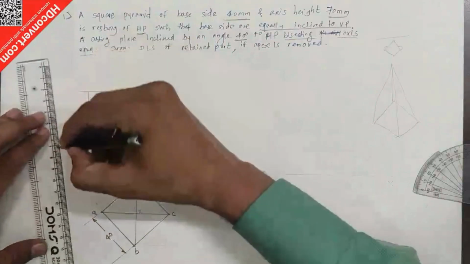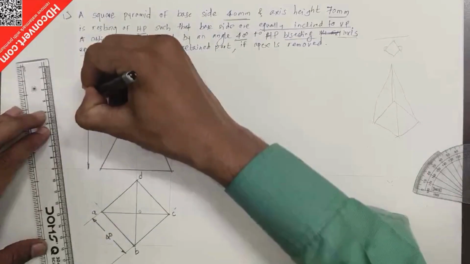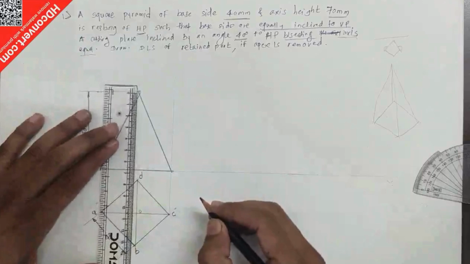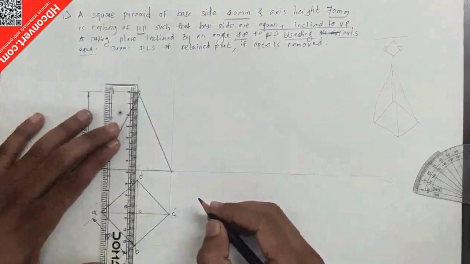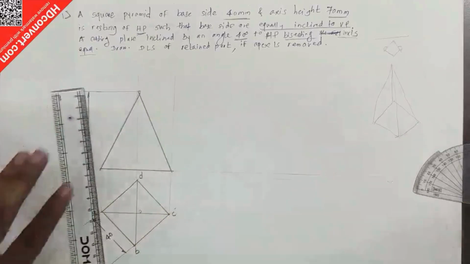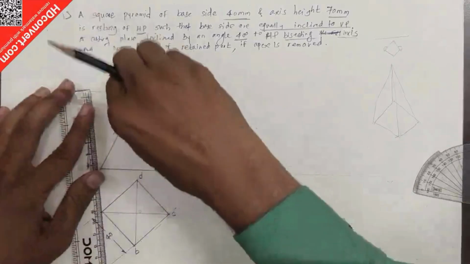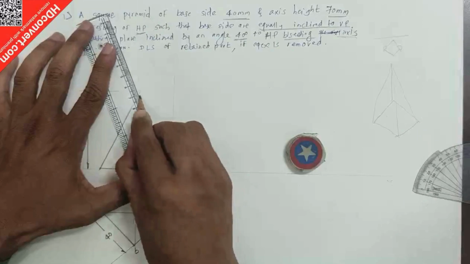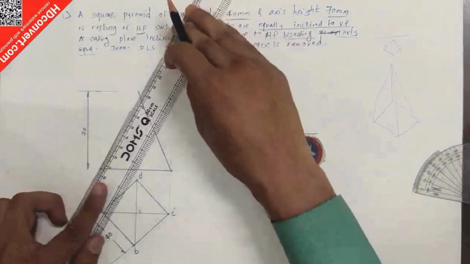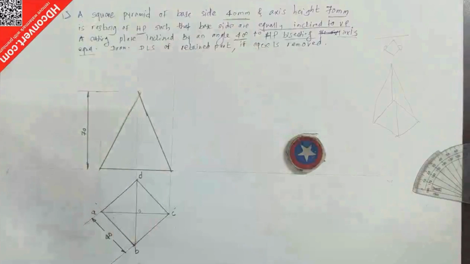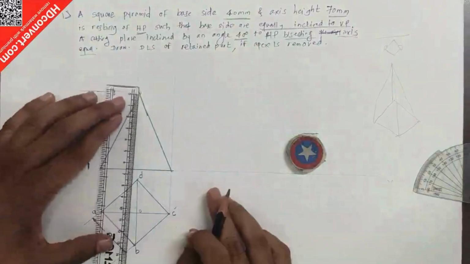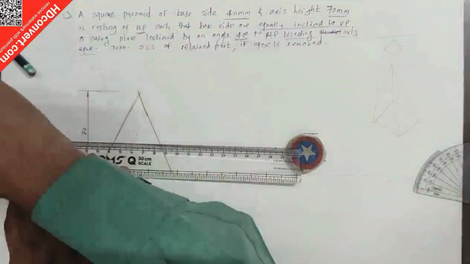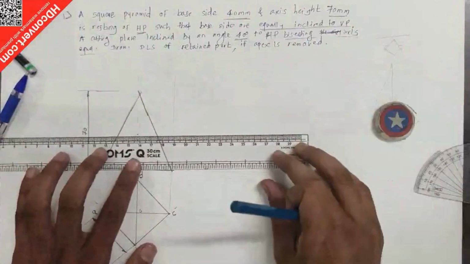So first I give the total axis height over here, that is 70, and here I find the midpoint of this, 35 from here. So that is the midpoint. From that midpoint, I'll just mark a line.